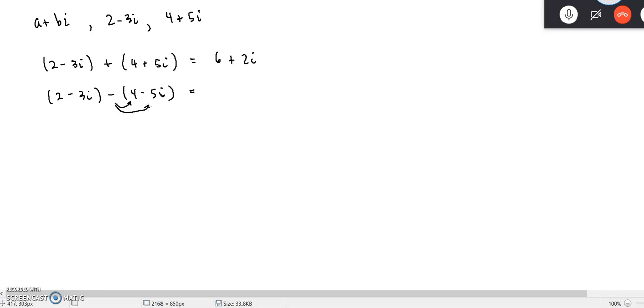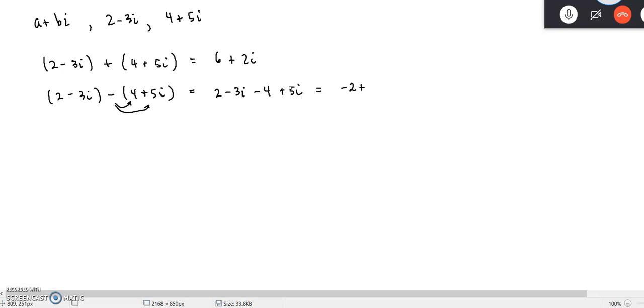So we need to distribute that negative. We get 2 minus 3i minus 4 plus 5i, and now we can group like terms. Oh, I changed the problem. I'm sorry. Sorry, this should have been 4 plus 5i.